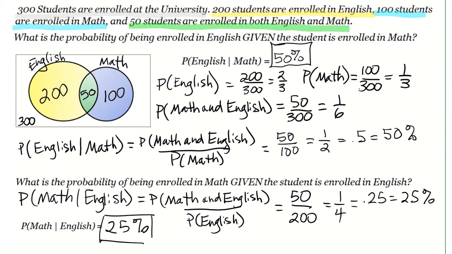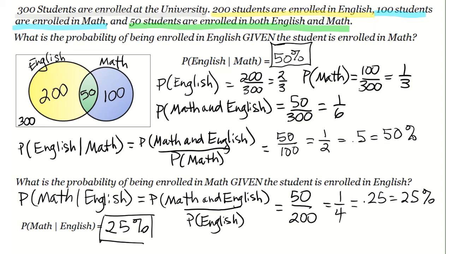So from these two examples, you can see that we can use Venn diagrams to simplify the amount of math and the amount of calculations that we have to do. You just want to put the information that is in each of your problems into the appropriate circles or intersections, and then from there you do the ratios of whatever it is that you're solving for. So just to review, this first one, we had the probability of being enrolled in English given math.